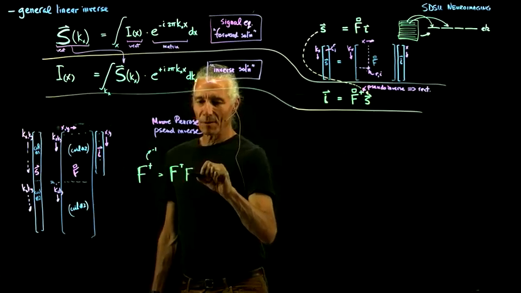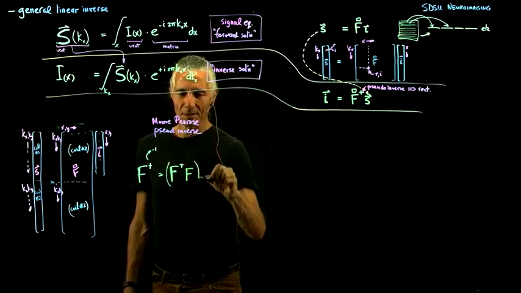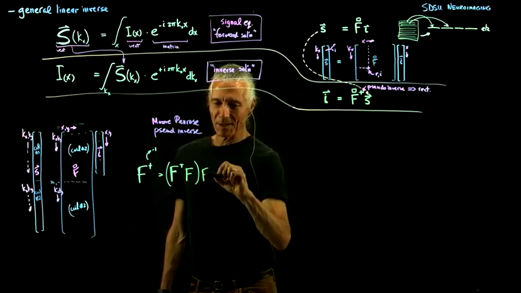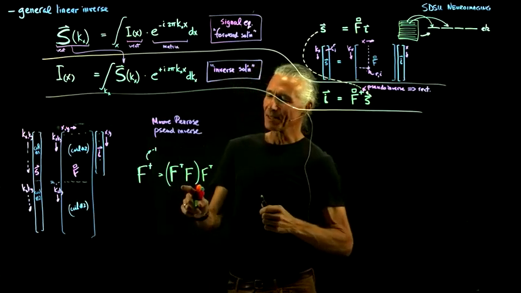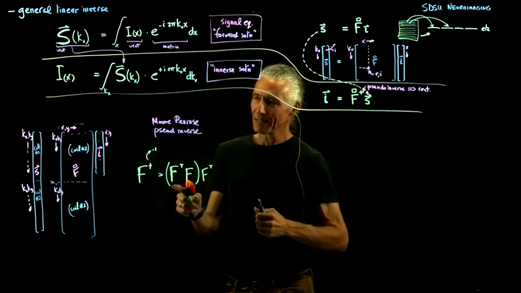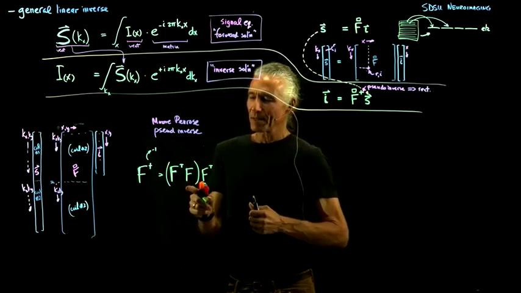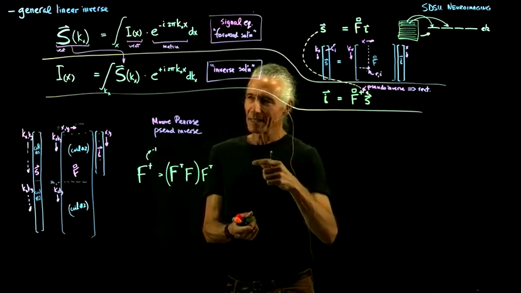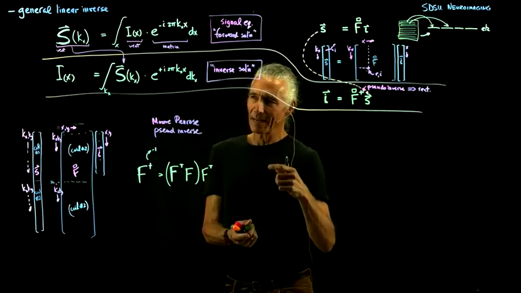It's the transpose of these two matrices multiplied by each other times the transpose again. So now it's like a forest of numbers. You've got two rectangular matrices multiplied by each other, and what that does is it makes another matrix that is square in the bigger of the rectangular dimensions.